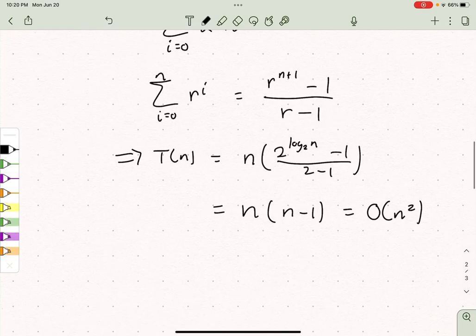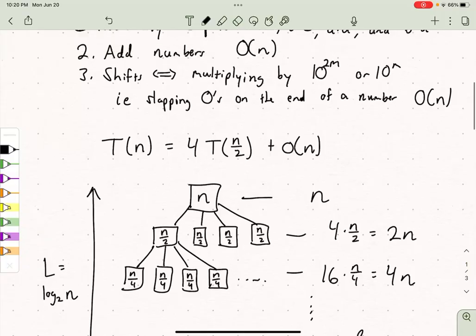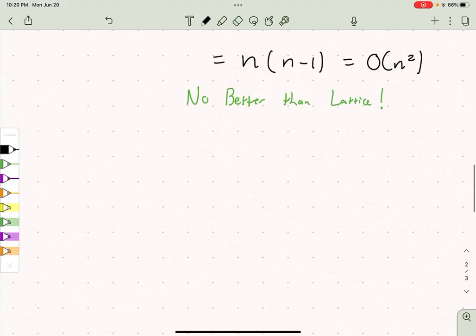So it's no better than lattice. We really haven't made any savings in time here. Although the algorithm is correct and does use a different approach, we haven't achieved our goal.